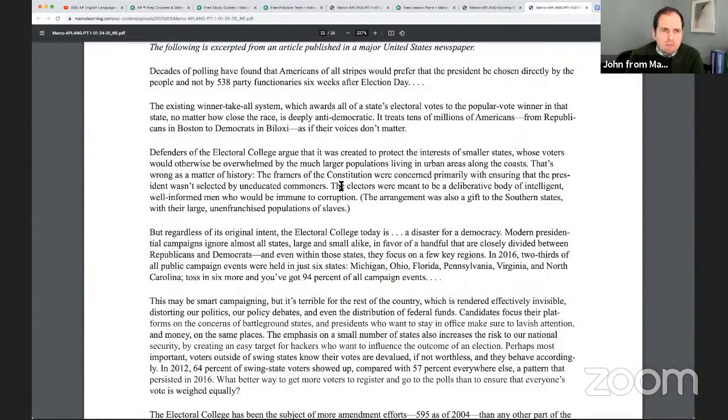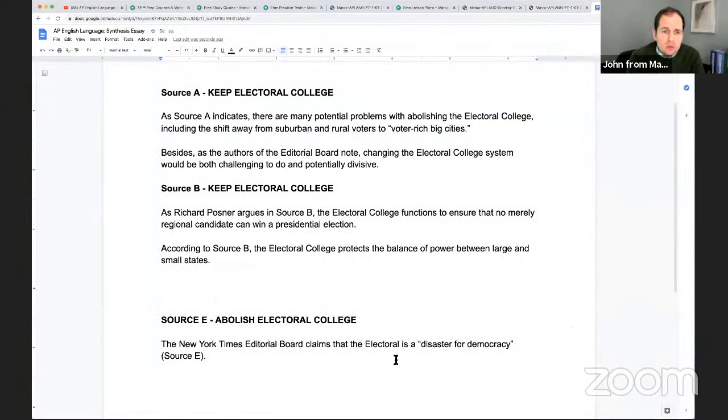So, okay. Okay, this also, say source E argues that the original intent of the Electoral College was not, in fact, to protect smaller states.